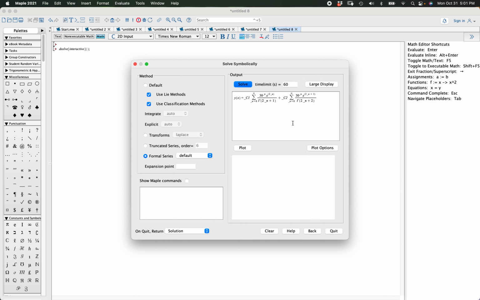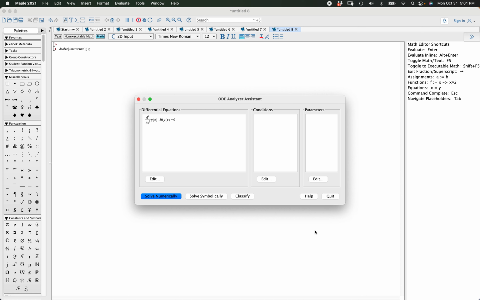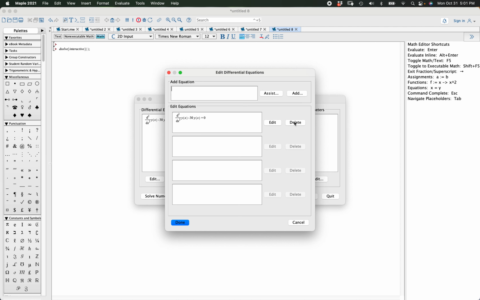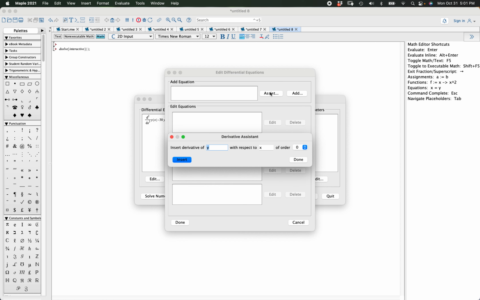Now for the third order differential equation, I edit out what I have here, delete, then go to Assist.